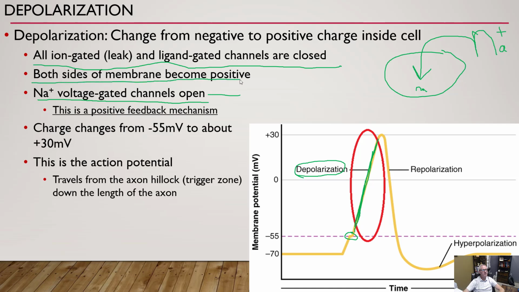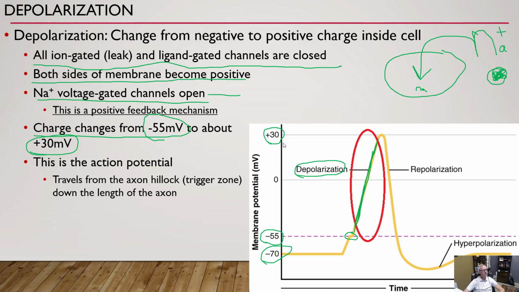So now both sides of the cell membrane are positive, because remember that this side of the cell membrane, the extracellular fluid, is positive, and now inside of the cell is positive. So now we go from negative 55 millivolts to about positive 30 millivolts. So now we have three numbers to memorize. Negative 70 is our resting membrane potential. Negative 55 is our threshold.